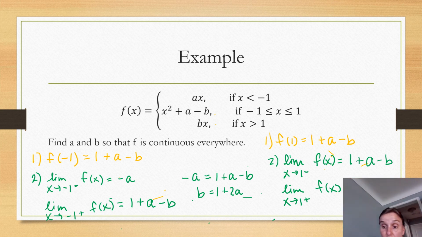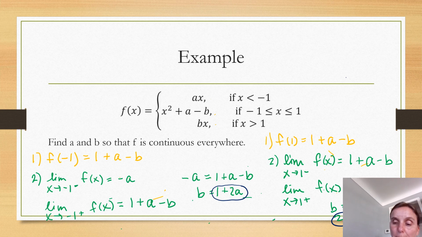Those two things have to be equal to each other, so we're going to set those two things equal to each other. So I have b is equal to 1 plus a minus b. So 2b is equal to 1 plus a. Okay, so now I'm looking at, well, I've got a's and b's here. If b is equal to 1 plus 2a, then 2b would be double that. I need some more space.